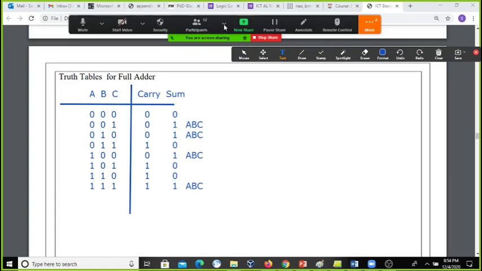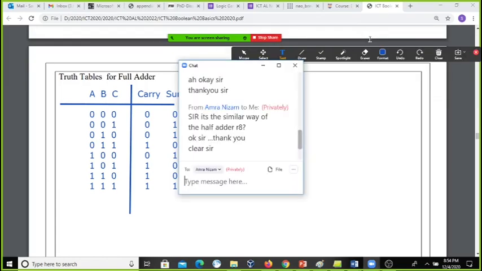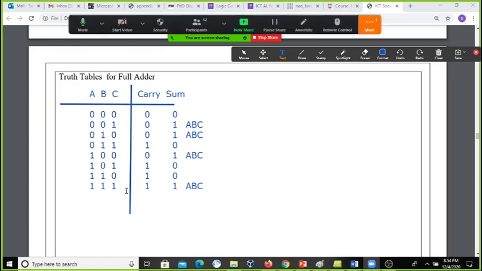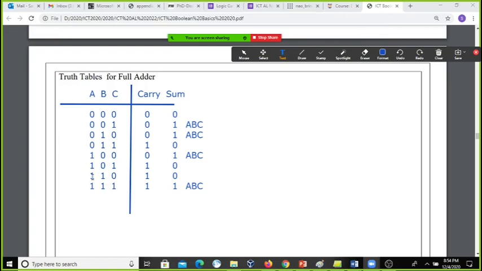So we are going to use the SOP form, sum of product form. No, not necessary. You can write in the same order, no matter. There's no difference. Normally we write the sum in the order it comes, that is 1 plus 1 plus 1 is 3, means 1, 1. Here 1 plus 1 is 2, 2 means 1, 0. Therefore writing this will be more accurate.